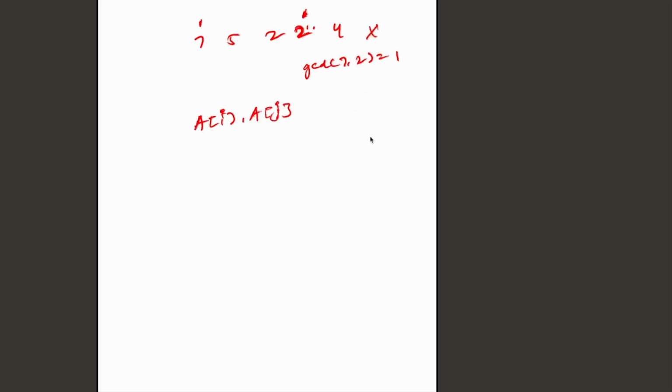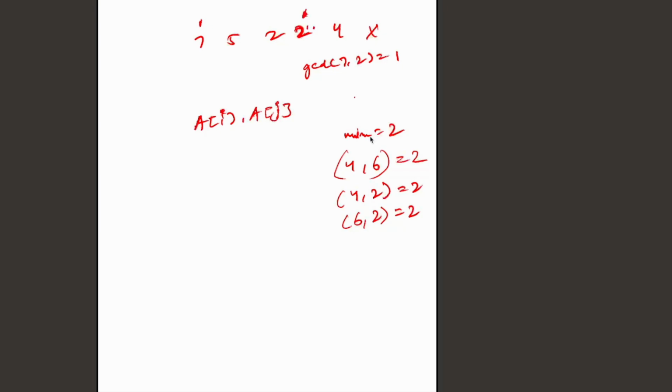For example, say the minimum element in the array is 2, and the elements we have to swap are 4 and 6. We can swap them because the GCD is 2, right? And if we take GCD of 4 and 2, it would be 2 again, and GCD of 6 and 2 will be 2 again.